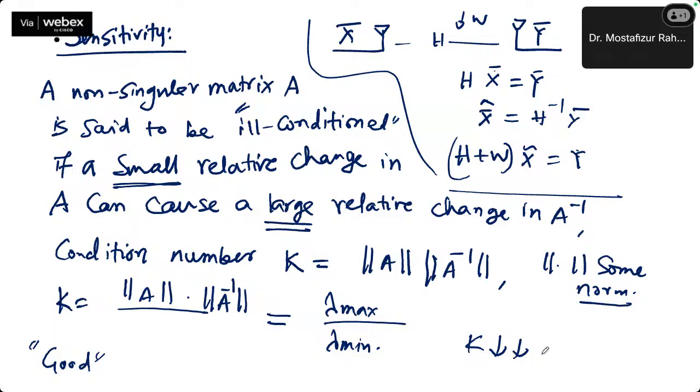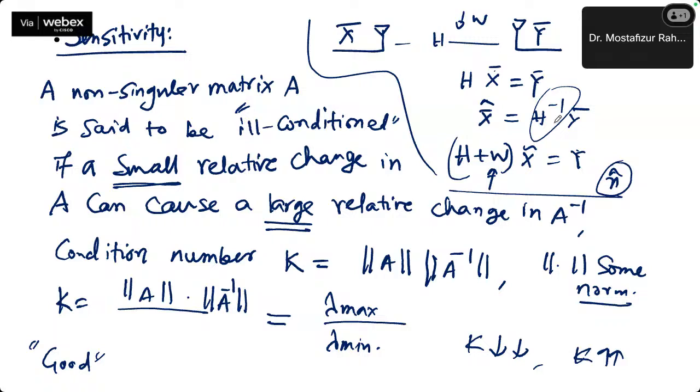So if K is more and more, then any small change in A will highly impact A inverse. So what is happening? You are only adding a small noise to the channel H. Then your solution X hat, which contains the A inverse, in the direct solution H inverse, will now not be only H inverse; there will be an additional term, but that term will impact a lot if the condition of the system is poor, right?